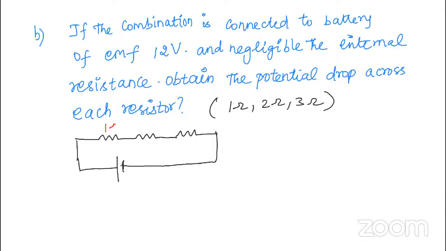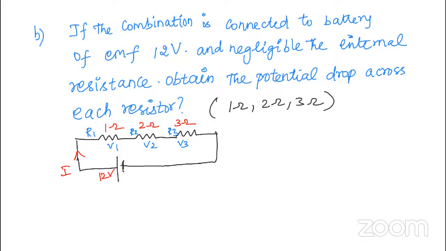And here it is 1 ohm, here it is 2 ohm, and here it is 3 ohm. Okay, the current flow will be like this. And the voltage value they have given is 12 volts. Okay, so here it is V1, V2, V3. Potential drop for the resistance R1, R2, R3 is V1, V2, V3.